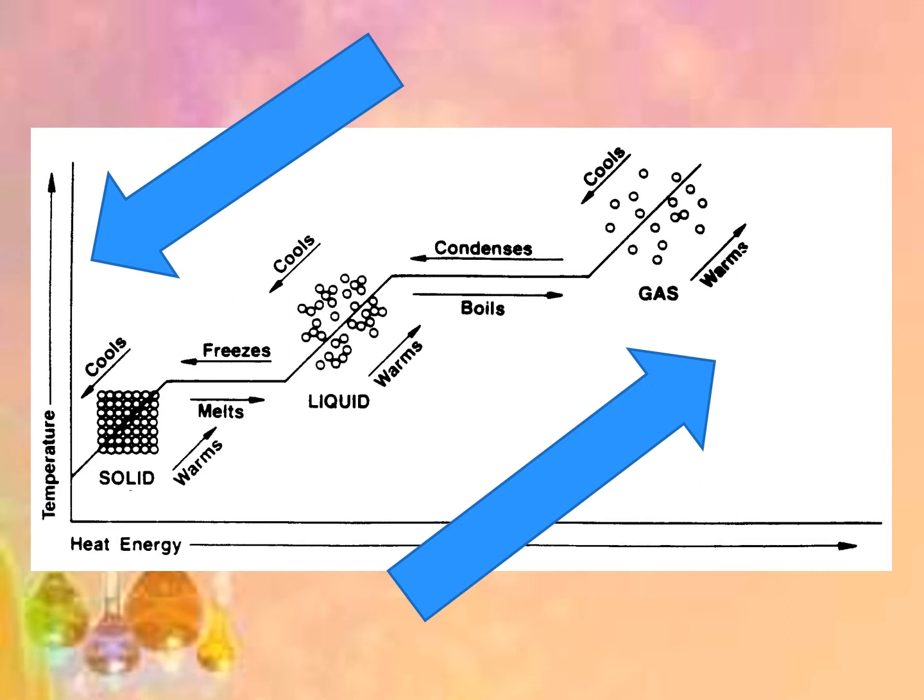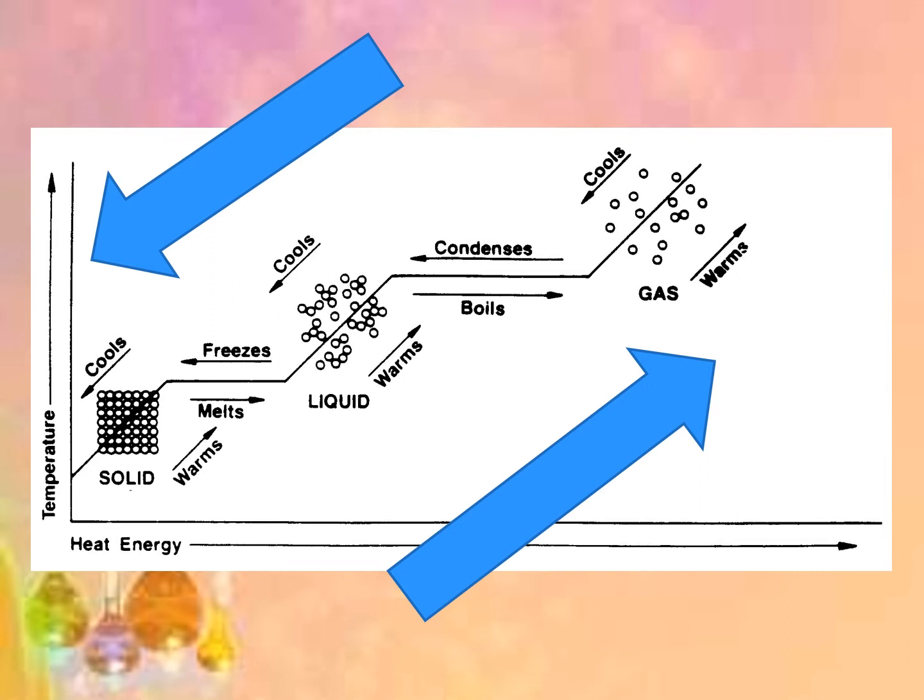But when the blue arrow goes down, that is an exothermic change, from the word ex, exit, when energy is released by a certain phase or state.